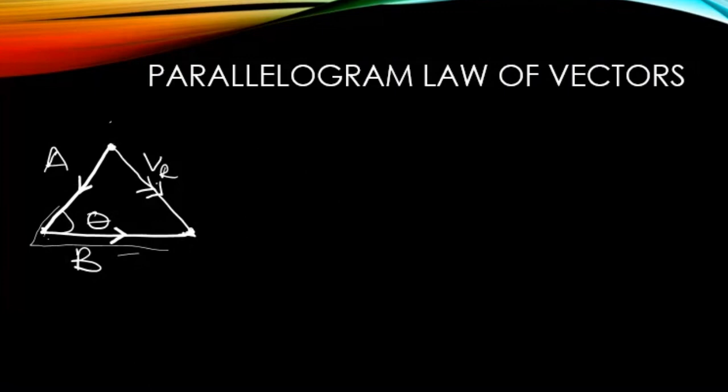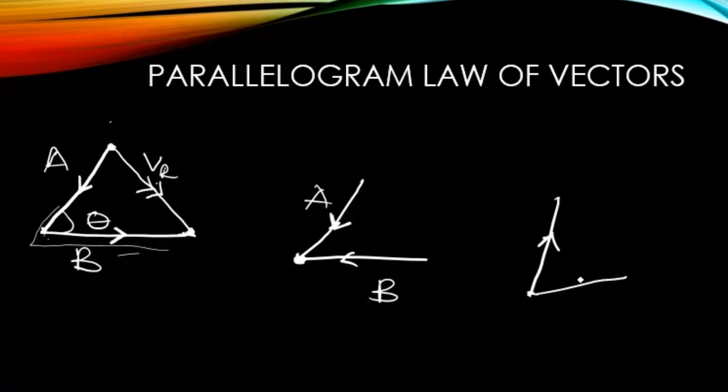Rather, for the parallelogram law of vectors, let's say this is vector A and this is B, they are either coming towards a common point or moving away from the point.